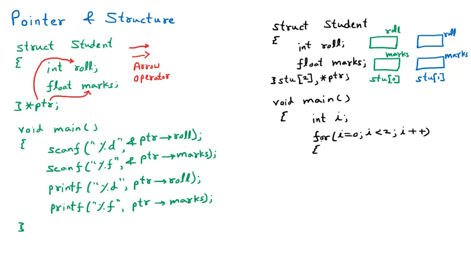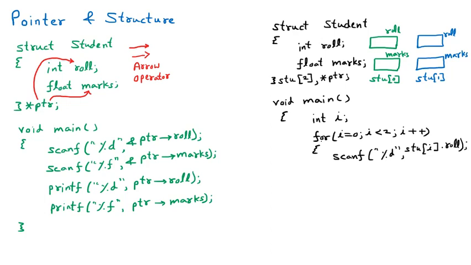And here if I have to take the input, we will say scanf. For the integer type roll number we are saying %d, comma. Now how to access the roll number? If I have to access from the stu array, then I will say stu[I].rollnumber.